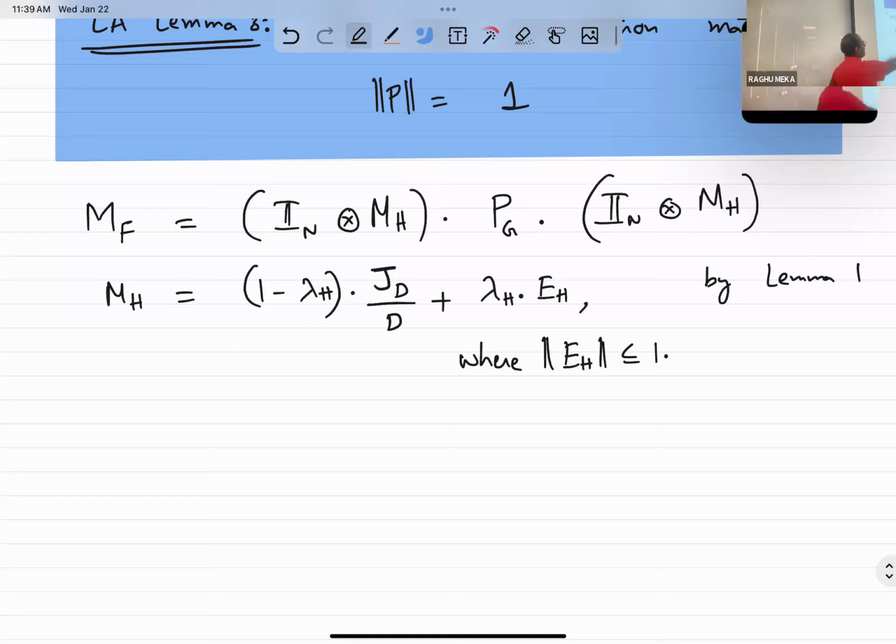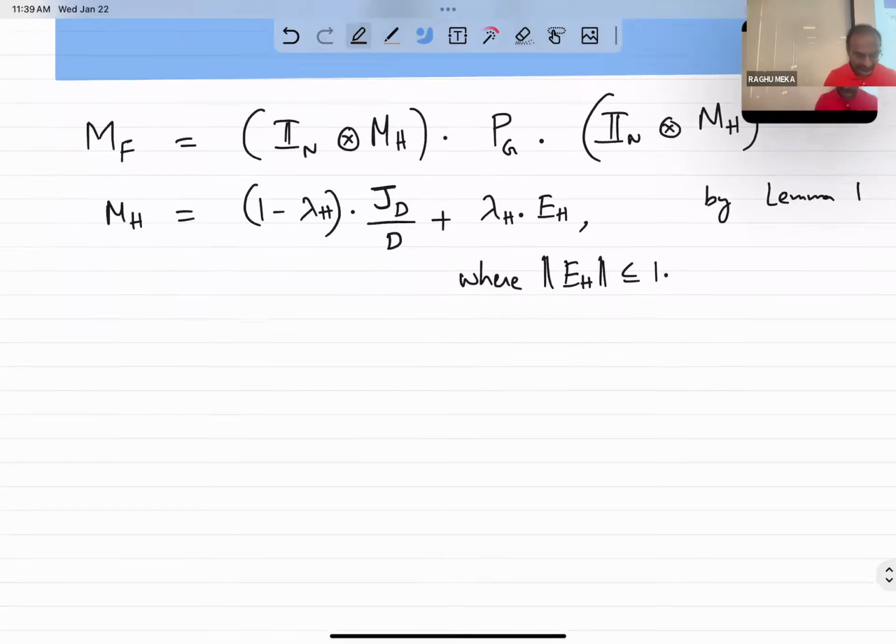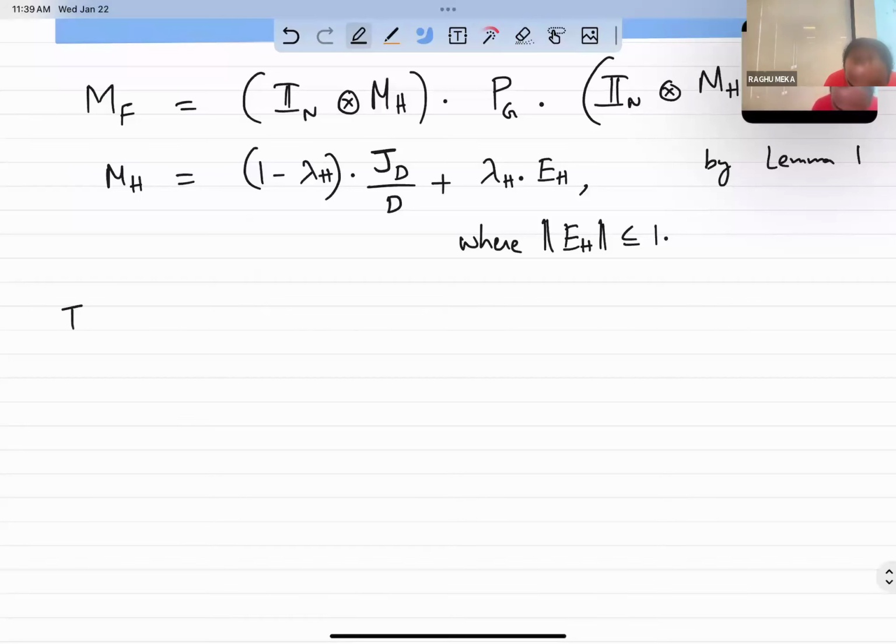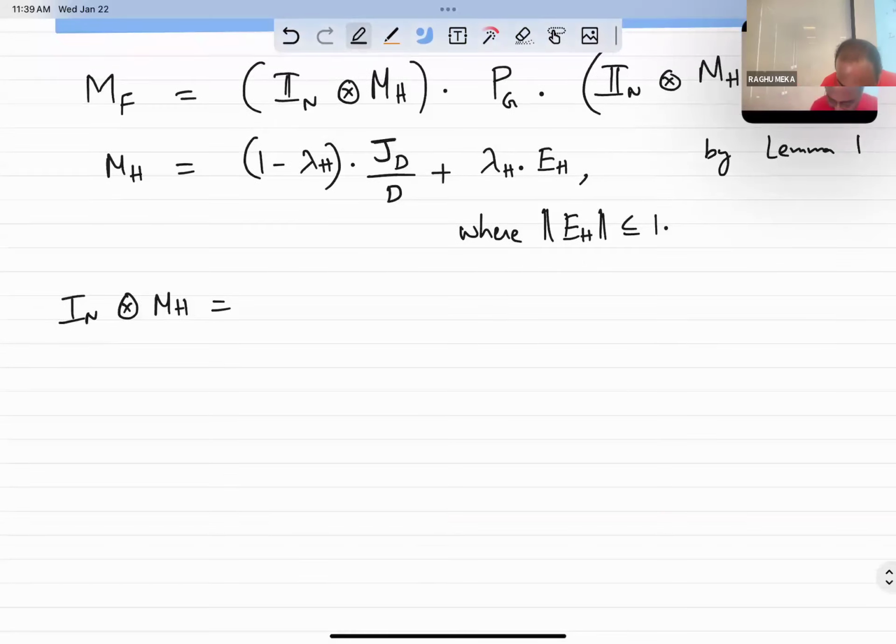I'm just using lemma 1 applied to the adjacency matrix of H. Again, we are going to basically view these as error terms, and these JDs will be the right things that we need. So what is the tensor product of these things now? Tensor product is associated with addition. Okay, so I get 1 minus lambda H times IN tensor JD by D.